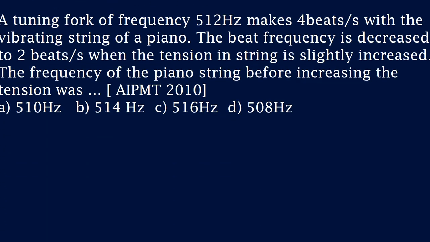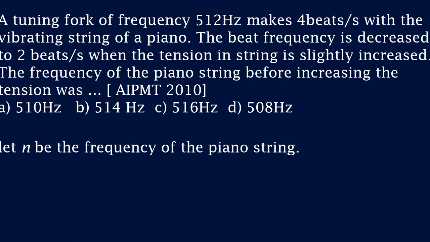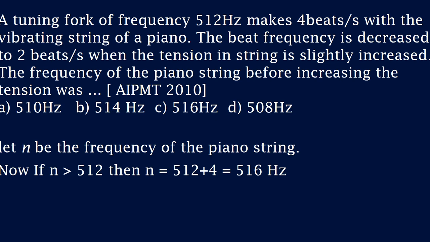In this question, a tuning fork makes 4 beats per second with the string of a piano, and when the string tension is increased, the number of beats decreases to 2. It means on increasing the tension, the frequency of the string increases. Keeping it in mind, we will solve the problem. Let n be the frequency of the piano string.